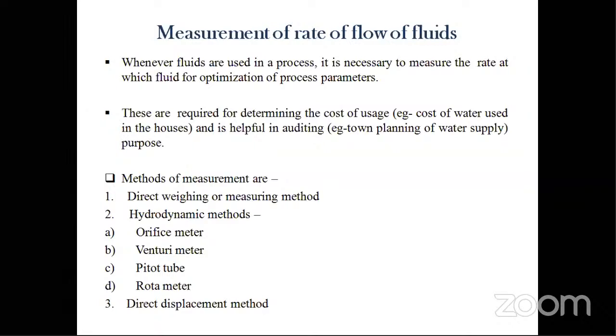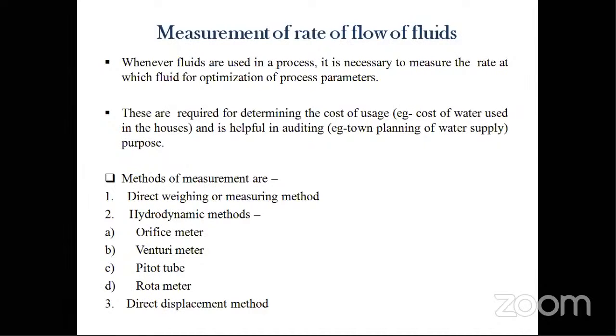Now, what methods are used? They are hydrodynamic methods. Hydro means water, and dynamic means the velocity of water. These hydrodynamic methods calculate the rate of flow of fluids depending on the velocity of fluids and the pressure head of the flow of fluids.